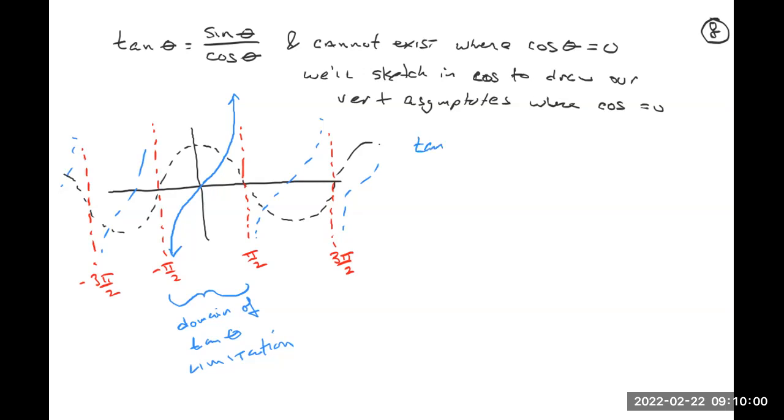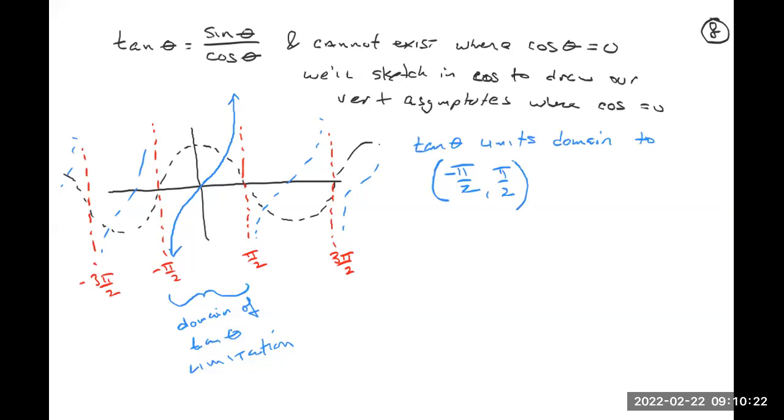Tangent theta limits the domain to negative pi over 2 to pi over 2, just like sine, but it can't be equal, right?